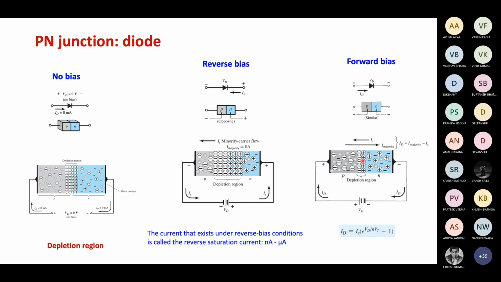And vice versa is true in the case of forward bias. Is it more or less clear now? Yes, sir. So I'll finish with this IV characteristics.